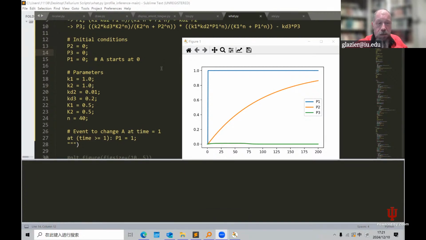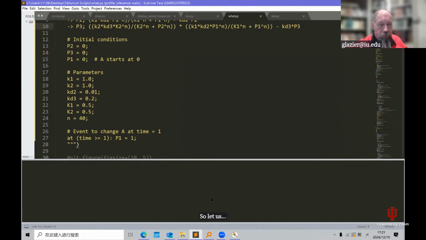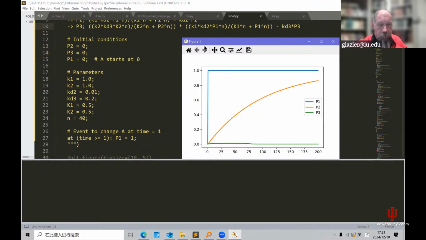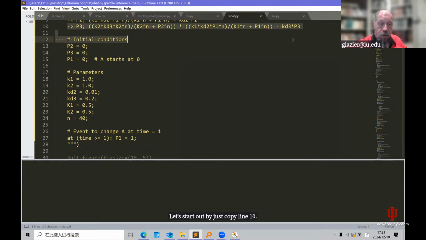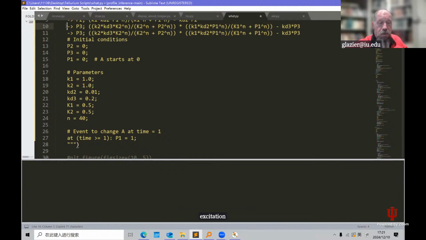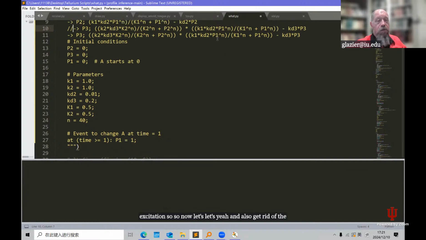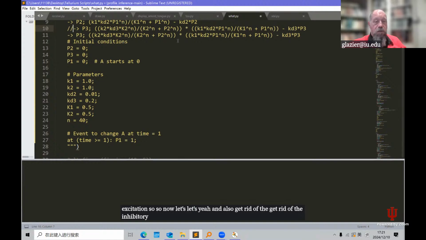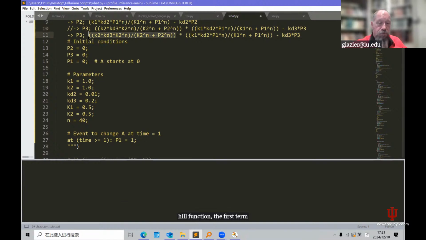So let's start out by just copying line 10 and having just the direct excitation. So get rid of the inhibitory Hill function, the first term there. Yeah, okay. Now let's run it and see if P3 turns on.